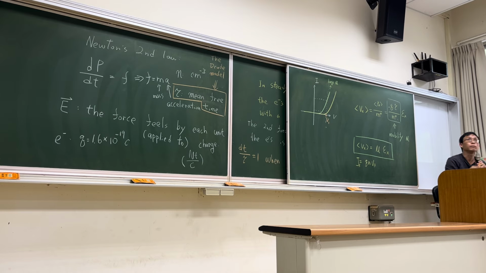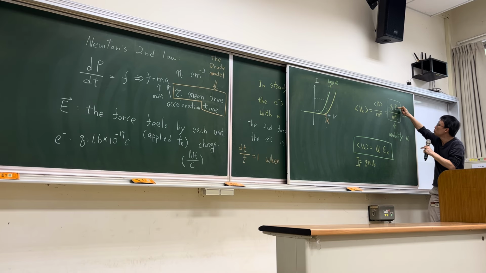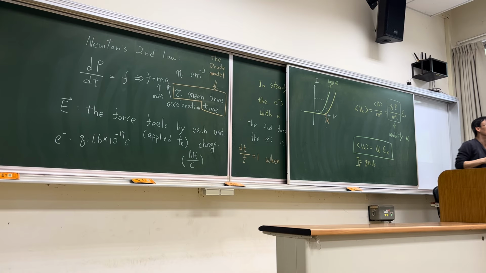You cannot change Q because Q is a constant, determined by the electron charge, 1.6 times 10 to the minus 19. Only Q cannot move, right? You can make the mass smaller, or make the collisions fewer, so the acceleration time is longer. So these two parameters are how you improve the velocity of the electron.